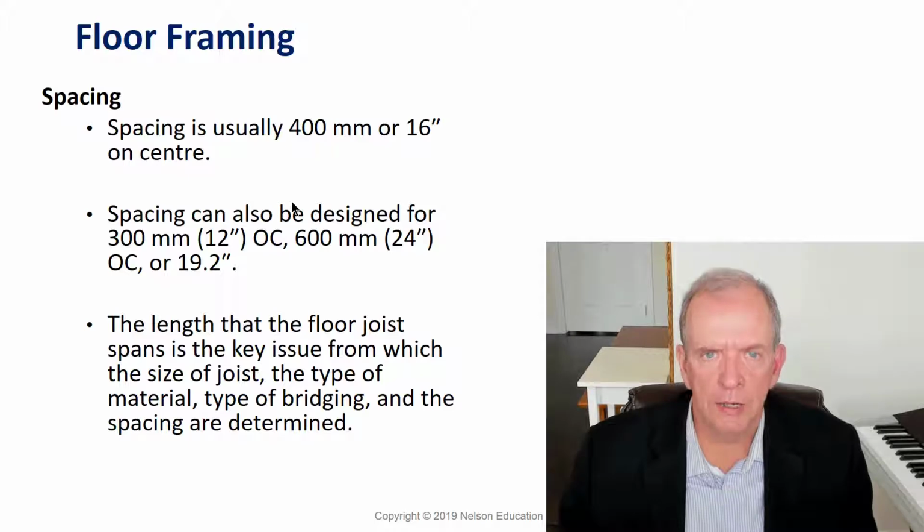Now, in Canada, we use the metric system, so our building code is 100% in metric. So the equivalent of 12 inches is 300 millimeters, 600 millimeters, and 400 millimeters if we're talking 16 inches on center. I say equivalent, but it's not exactly the same.